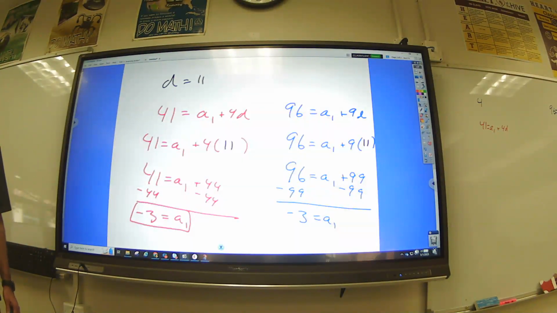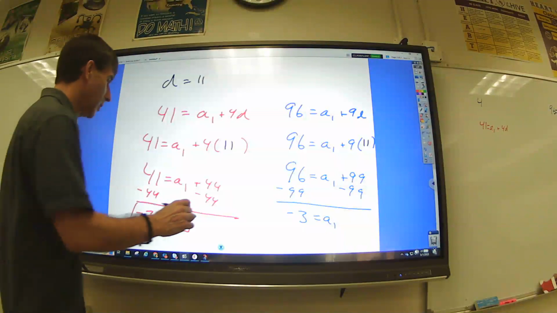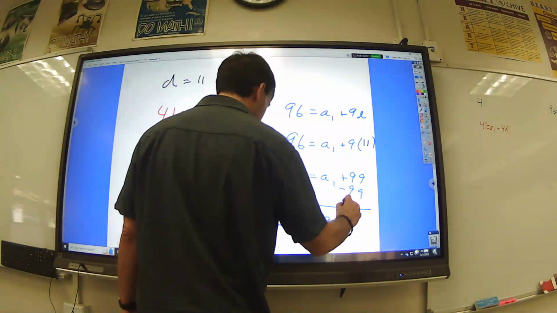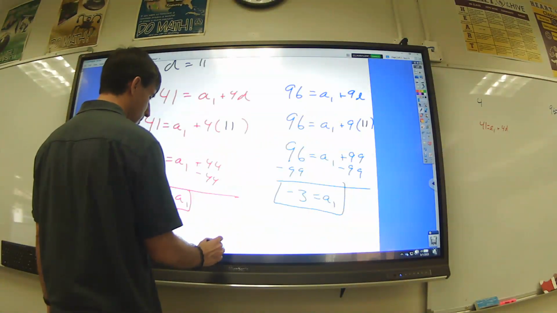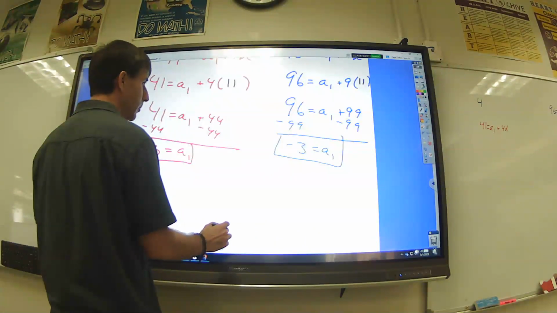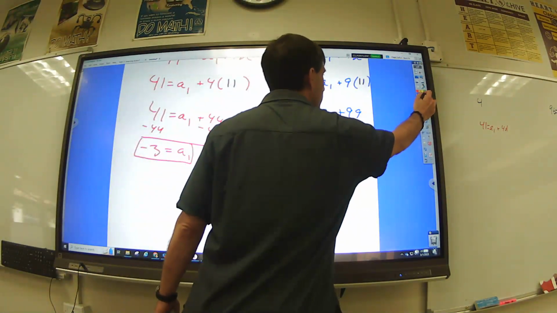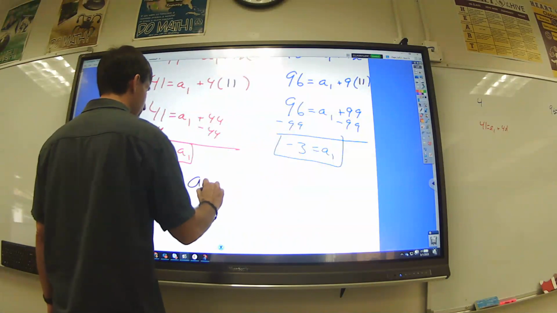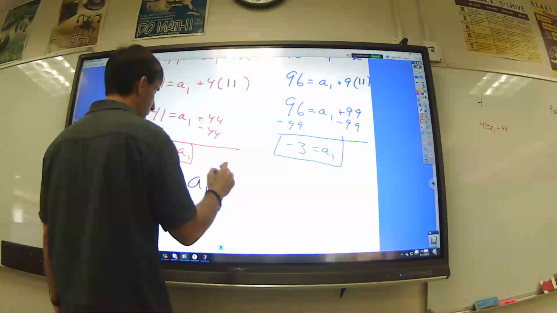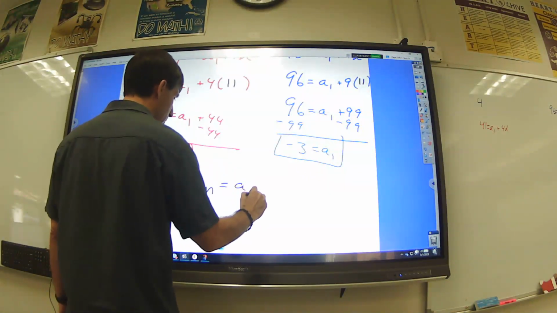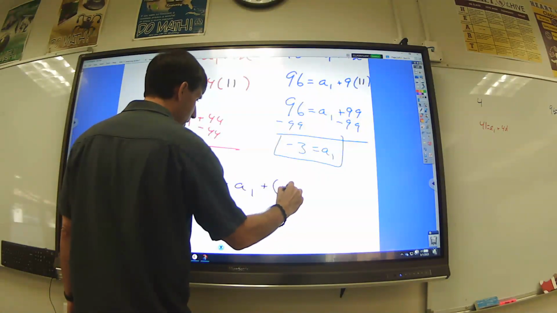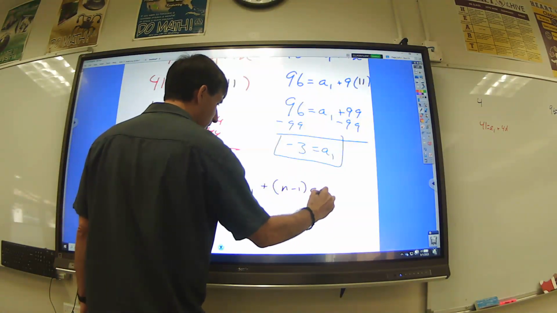But what's the question? Find the nth term. So then we got to go all the way back to our original term, which was a sub n equals the first term, a sub 1, plus n minus 1 times the common difference.